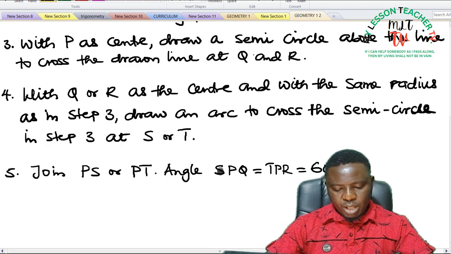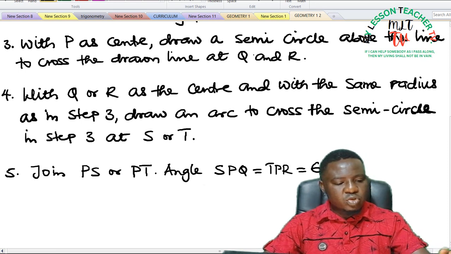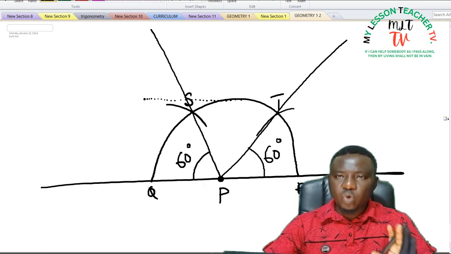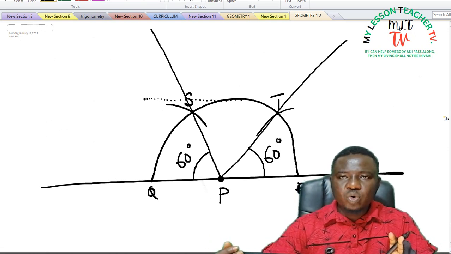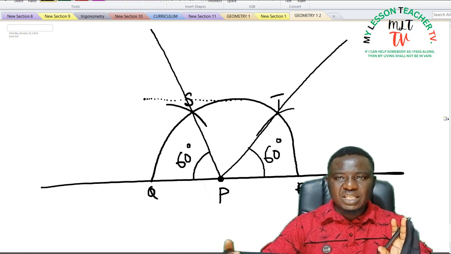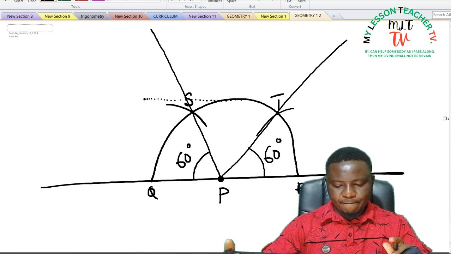So let's say angle SPQ is equal to TPR is equal to 60 degrees. This is the required angle that you are asked to construct. So this is how to construct angle 60 degrees, which is one of the special angles I spoke about, without the use of a protractor, just with the use of your pair of compasses and ruler only.